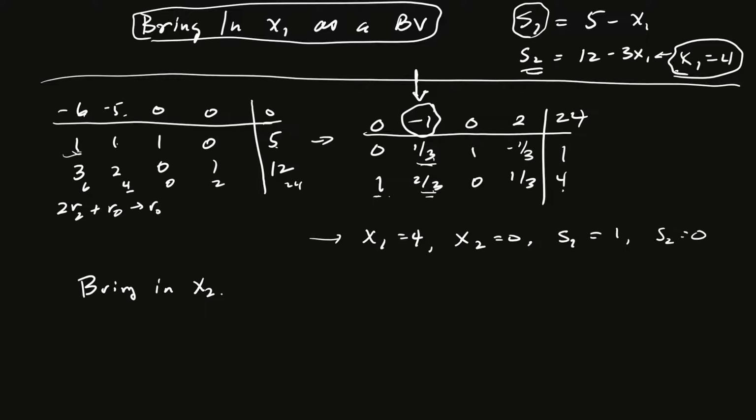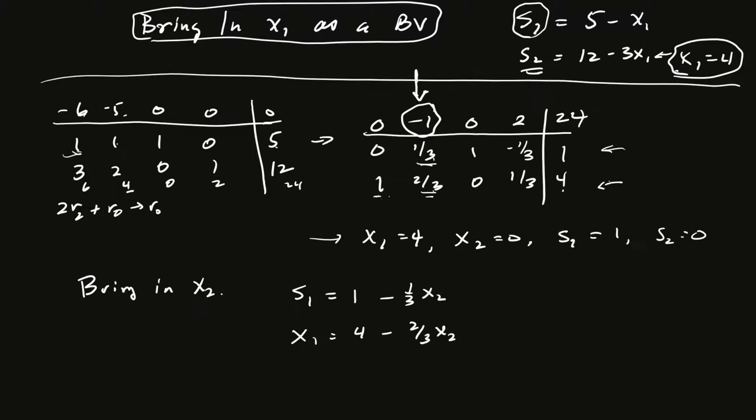for this top constraint, we have that S1 would be equal to 1 plus 1/3 x2, and in the second constraint we would have that x1 is equal to 4 minus, oops, that should be a minus 1/3, right? And then this would be a minus 2/3 x2, right?